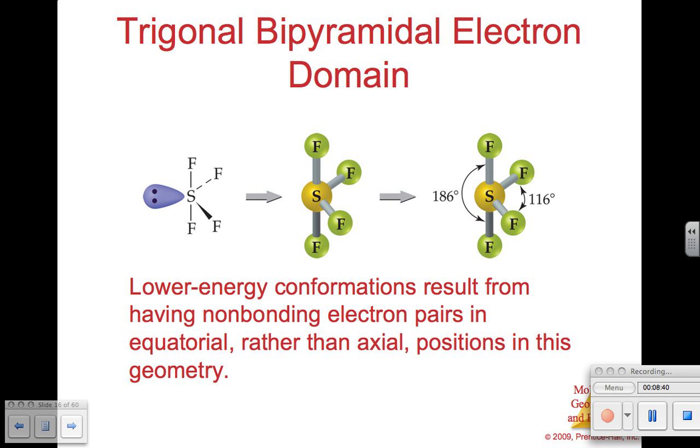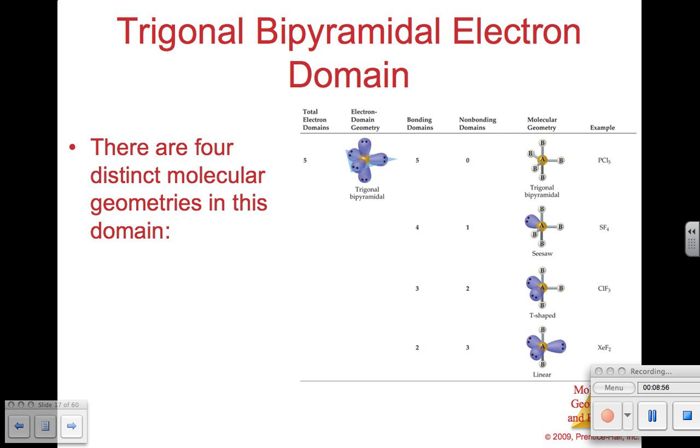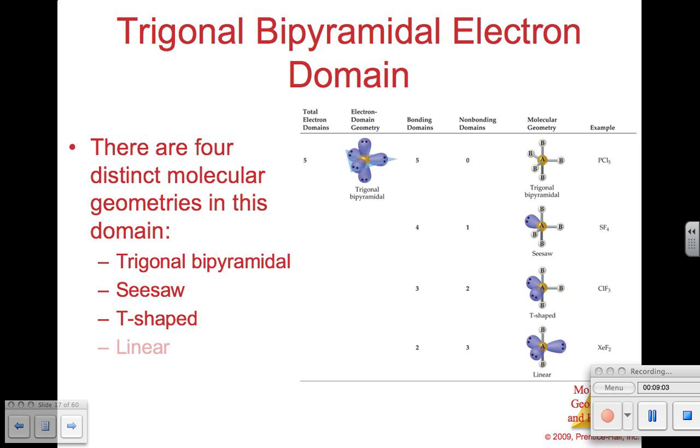Lower energy conformations result from having non-bonding electron pairs in equatorial rather than axial positions. So you're not going to have a non-bonding pair starting off on an axial position; they're going to be on the side to start with. Shape-wise, if you have 5 bonding domains, you're going to have a trigonal bipyramidal shape.